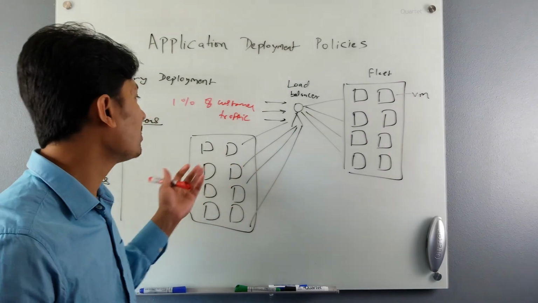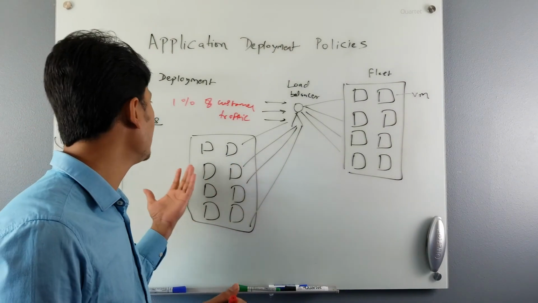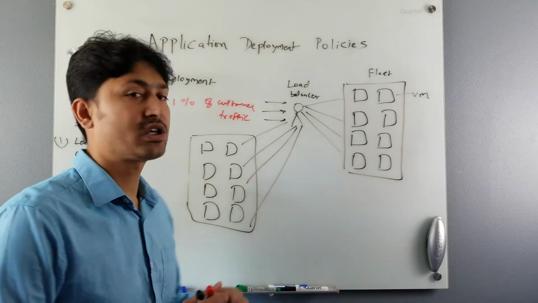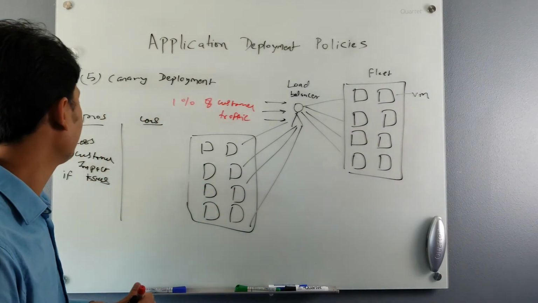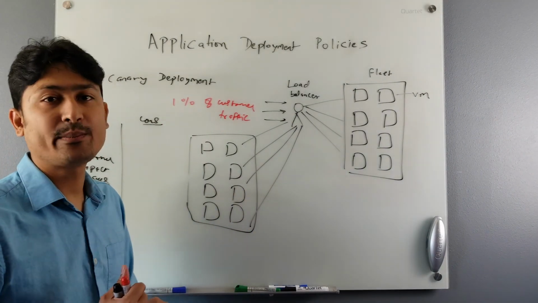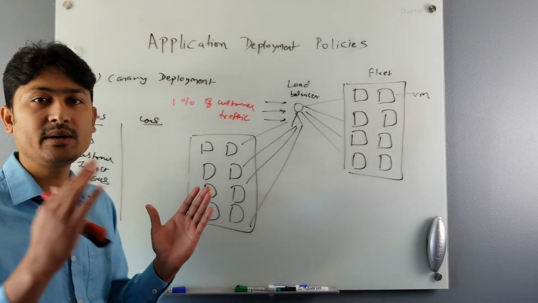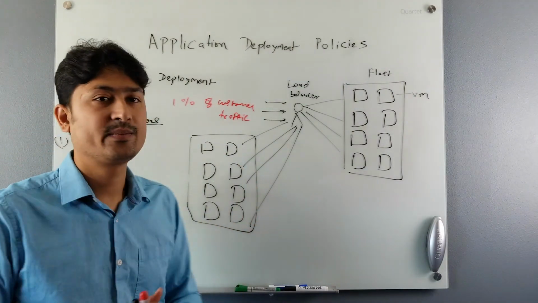Again, it also has the typical disadvantages of immutable deployment. It's more costly, it requires a longer time to complete your deployment, and there is still a chance of some production or customer impact depending upon how you are forwarding your traffic to this newer fleet.